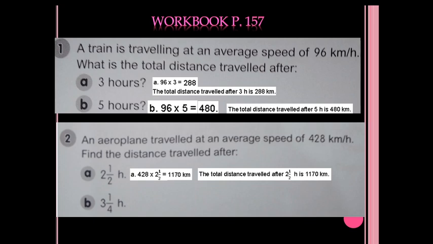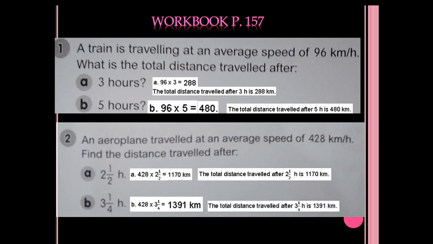The total distance traveled after 2.5 hours is 1,070 kilometers. Next, 3.25 hours. So that means 428 times 3.25 equals 1,391 kilometers. So the total distance traveled after 3.25 hours is 1,391 kilometers.